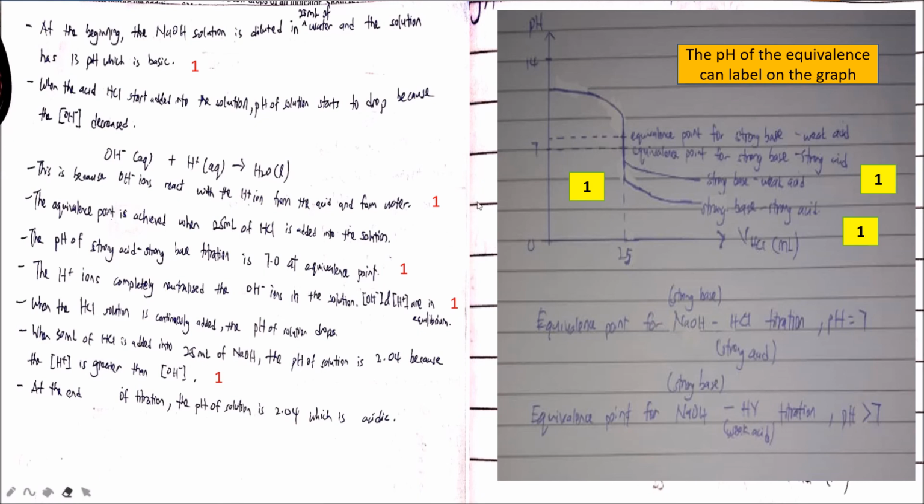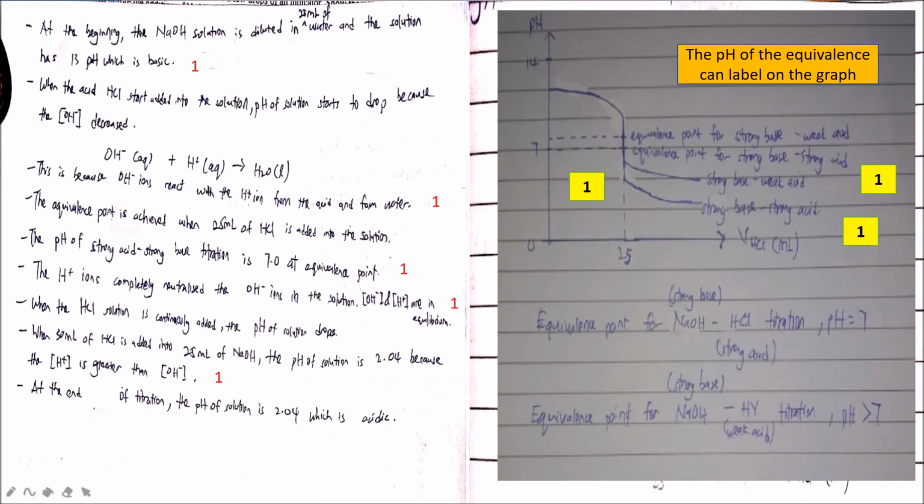So now we go into the next part. This is the last part of the question. The HCl is replaced by a weak acid HY. So how can we know the difference between weak acid and strong acid? First, the definition of weak acid is the acid that produces low concentration of hydrogen ion when dissolved in water.